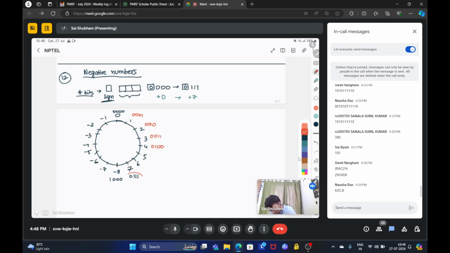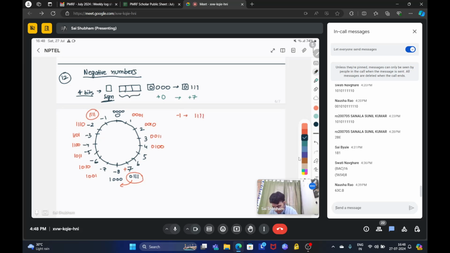And after this point, it becomes a negative number. Okay, from plus to minus 8. Then it will keep on increasing. So before 0, minus 1 is always represented as triple one.